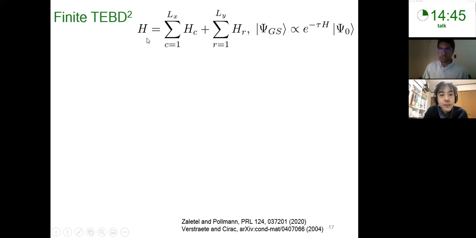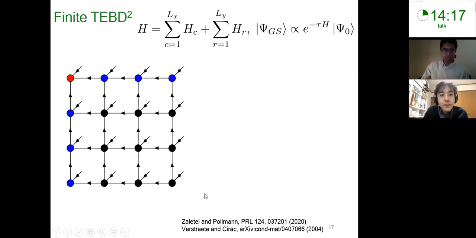We're going to consider Hamiltonians that can be written as the sum of column terms and row terms, so capital H_C plus capital H_R, where each term in H_C or H_R is a two-column gate. So we're saying that our Hamiltonian is the sum of two-column gates acting on rows and then two-column gates acting on columns. For example, the transverse field Ising model is the one that we considered here.